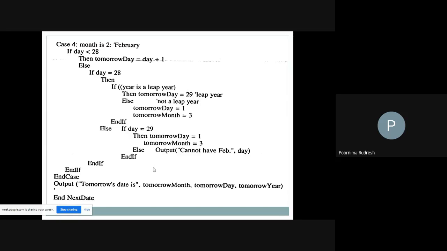Or if I enter today's date as November 7th, 2020, then what will be tomorrow's day, month, and year? Tomorrow becomes 8th November 2020. Understood? So like this, if I enter one date, it will display tomorrow's date. So this is the basic question for the next date problem.